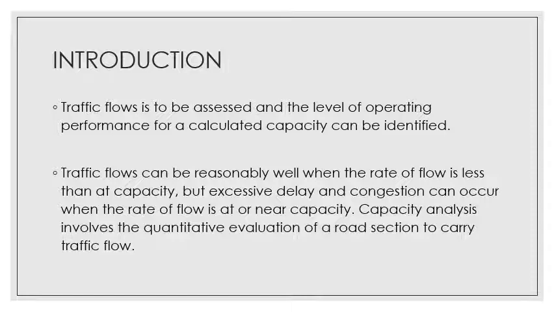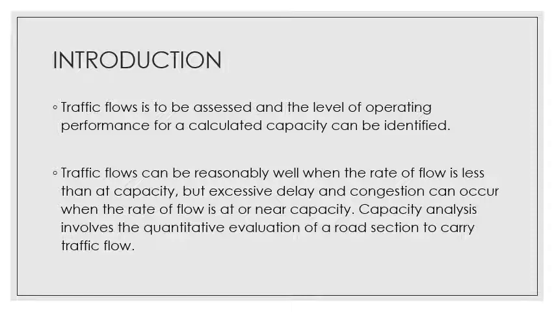Traffic flows can be reasonably well when the rate of flow is less than at capacity. By the way, what is at capacity? Capacity is the measure of the maximum number of vehicles that a facility can accommodate. The facility can be a junction, a roundabout, a road or a highway.